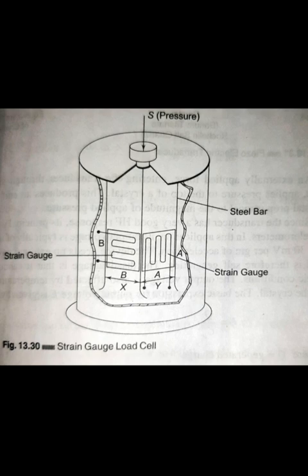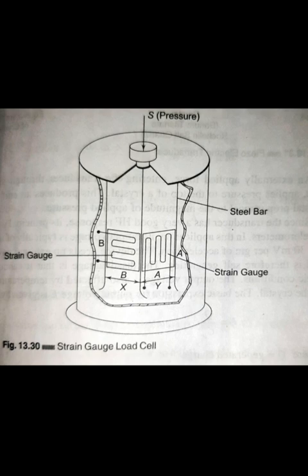When these two gauges and the gauges on the two remaining sides of the steel are connected to a bridge circuit, four times the sensitivity of a simple gauge is obtained, making this load cell sensitive to very small values of applied stress as well as extremely heavy loads.